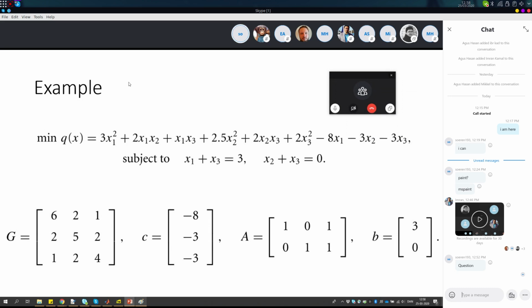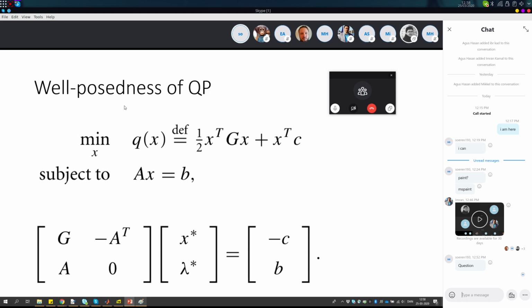It is. Yeah. So let's do an example. In this example, we need to minimize some objective function. This is very long, you can see here. This long objective function is subject to this constraint. Now what we want to do is find this G matrix, and we also want to find the c vector, A and b.